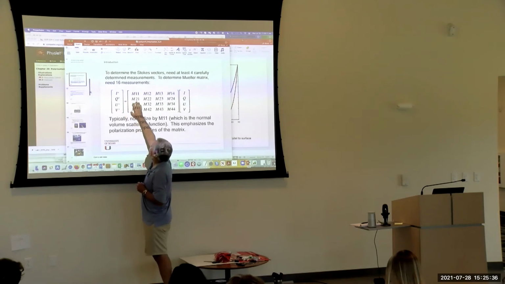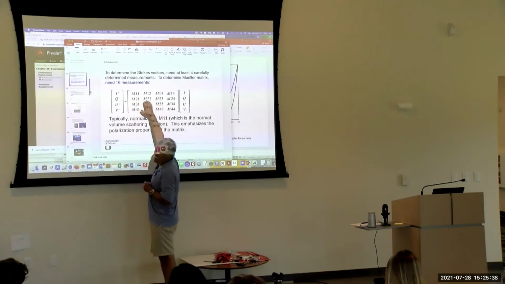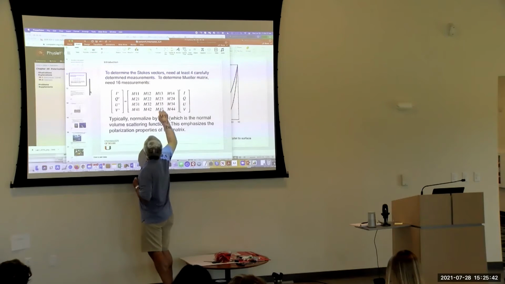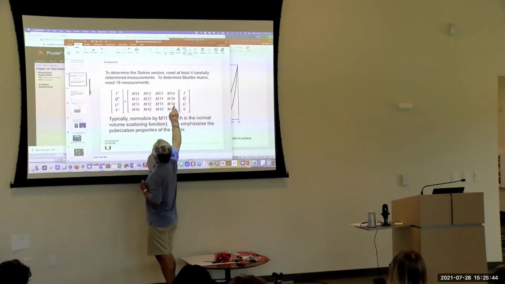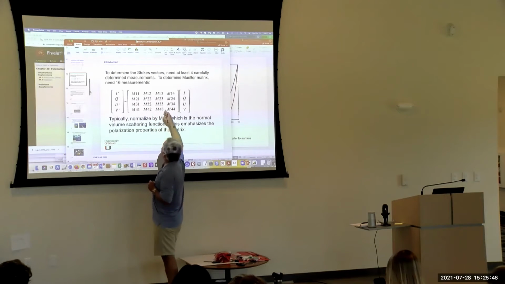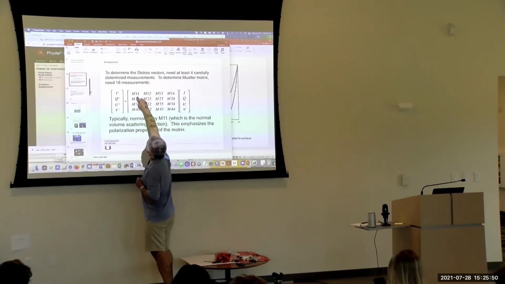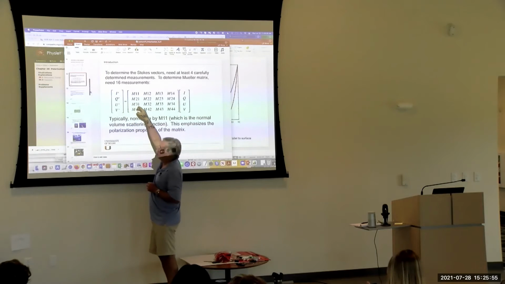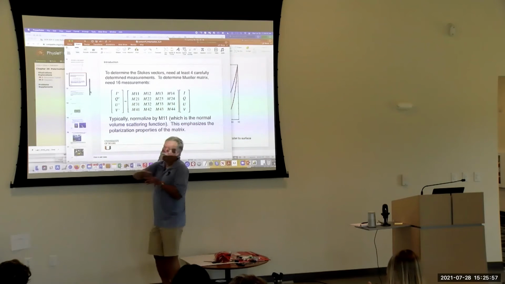So you have a phase function times the reduced matrix. So if everything else is 0 in here, that means that no matter what the light coming in is, it's going to be unpolarized coming out, and the phase function will determine how much.